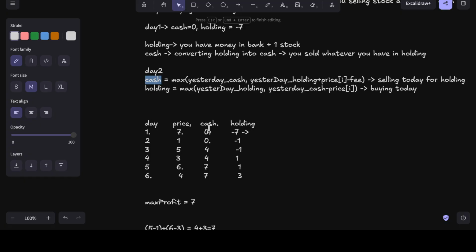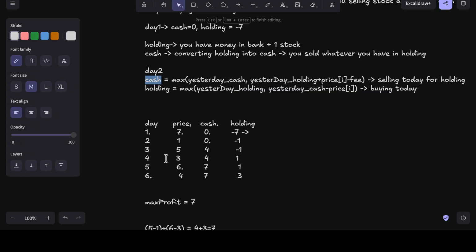For day three, you are holding -1 and the current price is 5, which is greater, so you are selling it. If you sell it, you make a profit of 4.